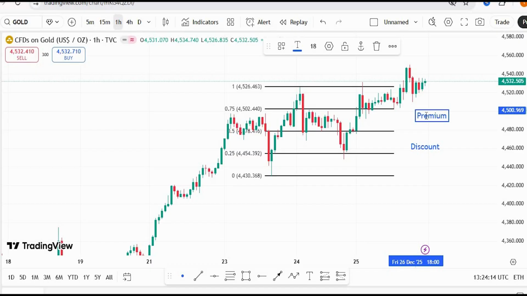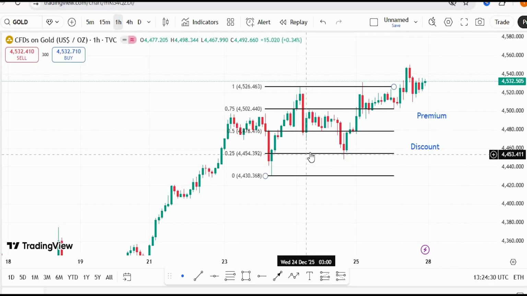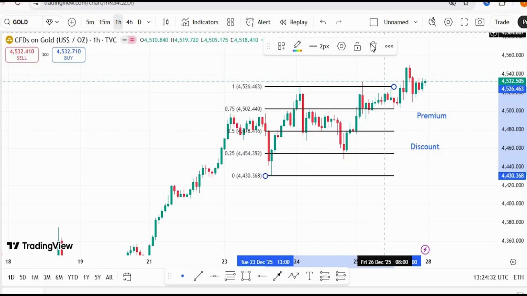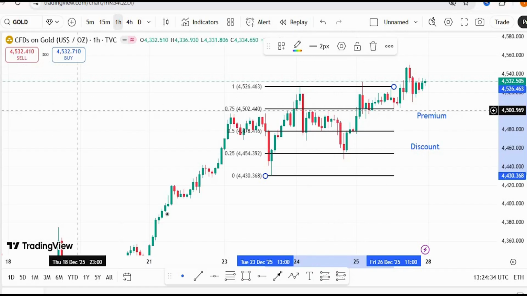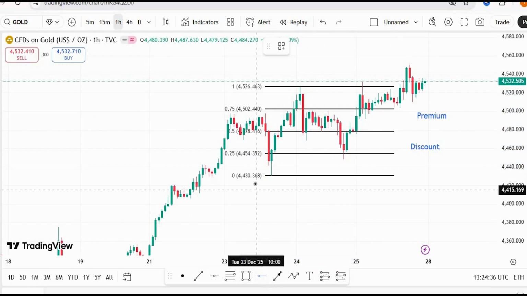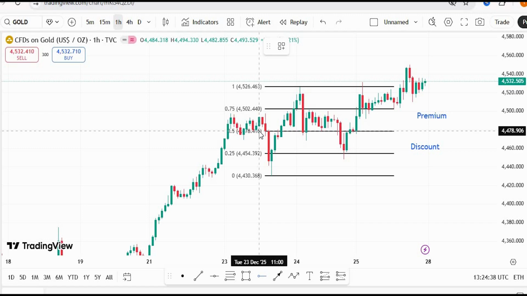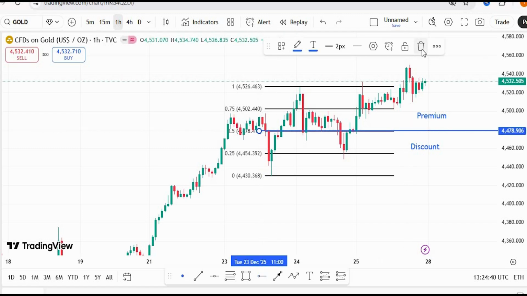So what we will do, we will only trade the discount area in the uptrend, and we will only consider the fair value gaps in the premium area at downtrends. So now as we know, this is the 50% area of the wave.